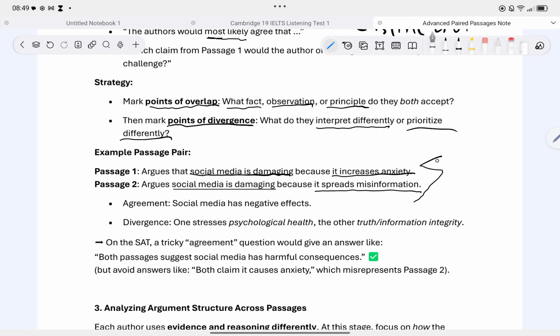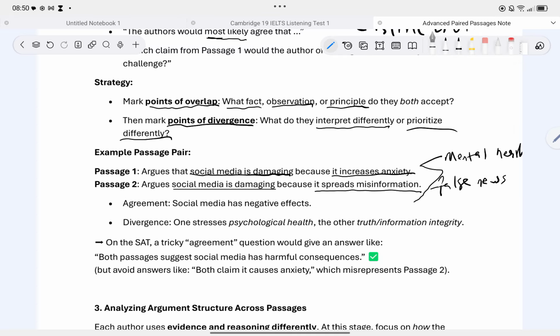One deals with mental health, the other deals with false news. So while they agree on the fact that social media is damaging, they disagree on the reasons.